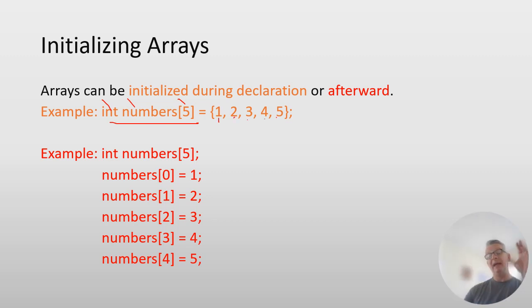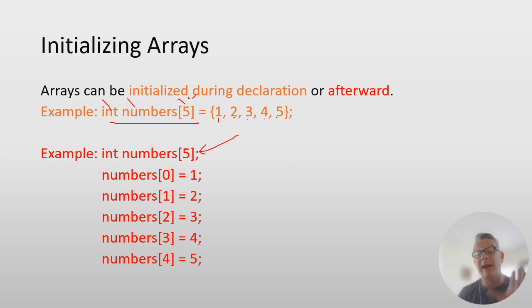So we can go ahead and initialize it at declaration, which is good. Or you can declare it and then populate it, right? Index 0 equals 1, index 1 equals 2, index 2 equals 3, index 3 equals 4, index 4 equals 5. The size of this array is 5, but the indices go from 0, 1, 2, 3, 4. That's 5, right?